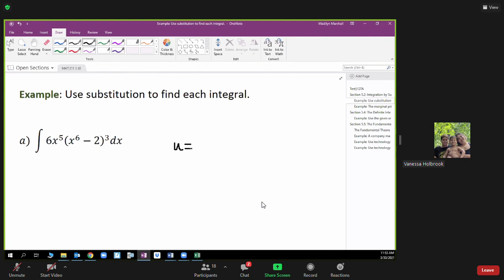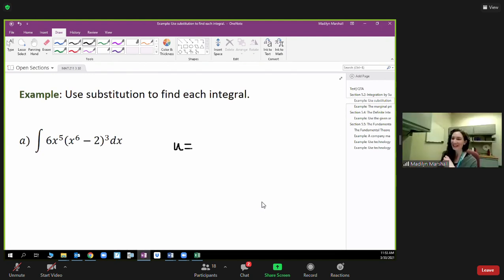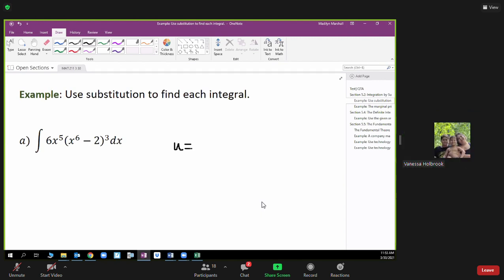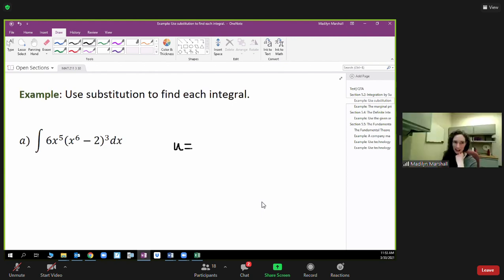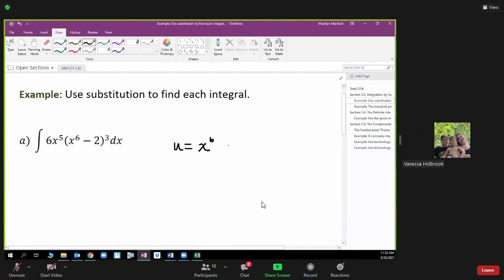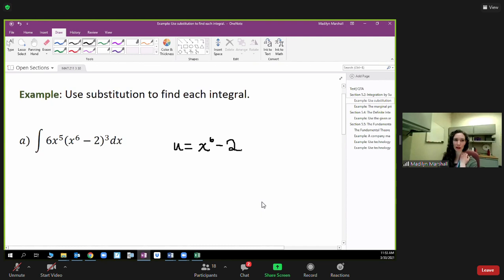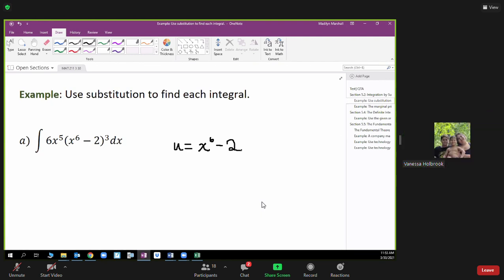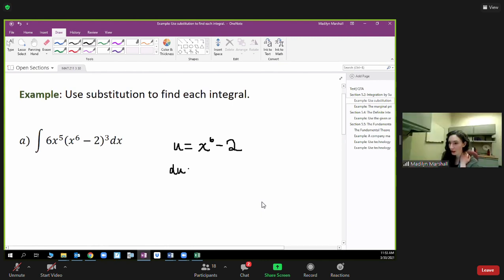So it's been 5 days and I know you've been working on the test. Is it the inside part, the x to the 6 minus 2? Exactly, yes. So our u is generally the interior part. So if we choose x to the 6 minus 2, that is probably a good choice of u, but we still need to check. And we check by finding the differential du.